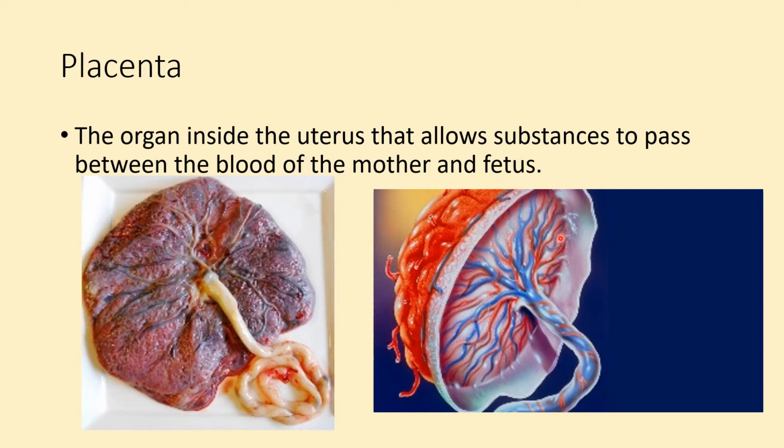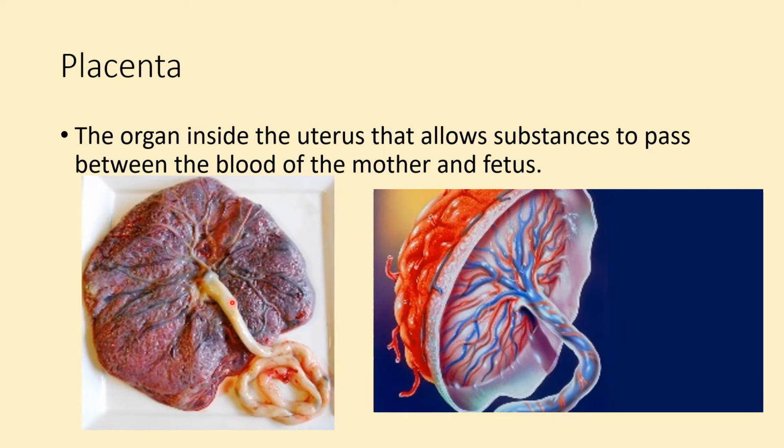So it's sort of like a massive filter. So you have blood vessels from the fetus or the embryo within the placenta, and you have blood vessels from the mother within the placenta, and they don't mix together.